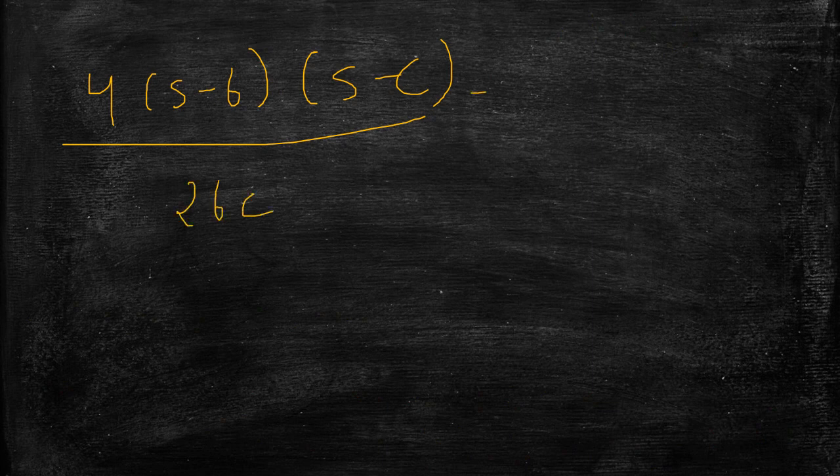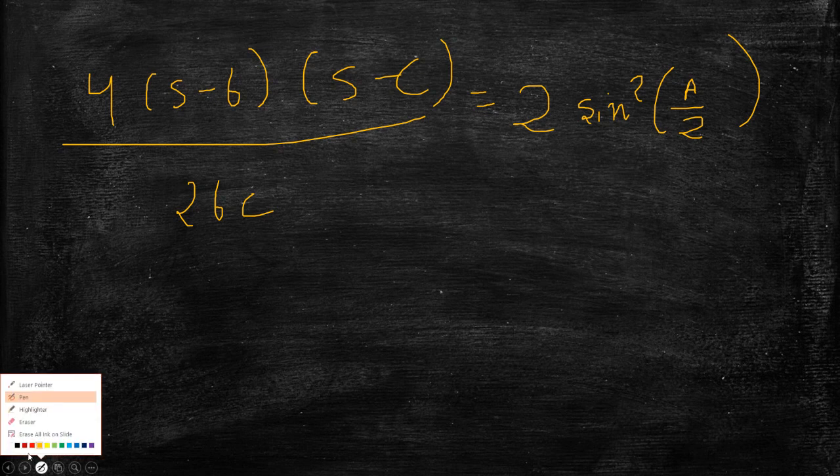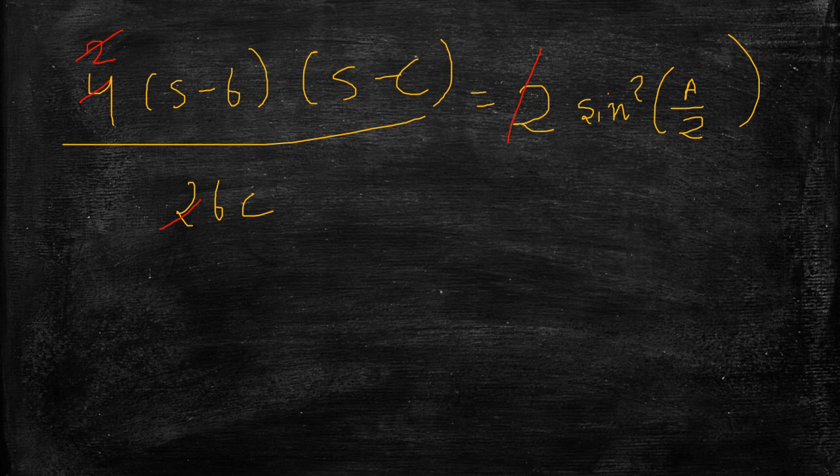This thing is equal to 2 sin²(A/2). So I can cancel this 2 with the 2 here, and this 2 with that 2, to get sin²(A/2) = (s − b)(s − c)/bc.